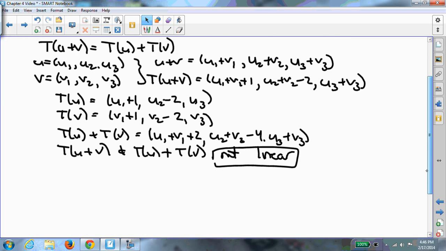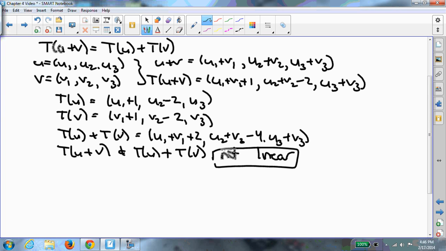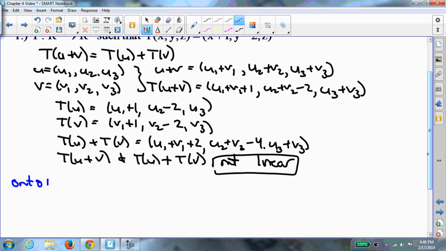Alright, let's take a look at the idea of onto. If I go back to my definition for T, I had T of x, y, z equals x plus 1, y minus 2, and z. So the domain is R3.